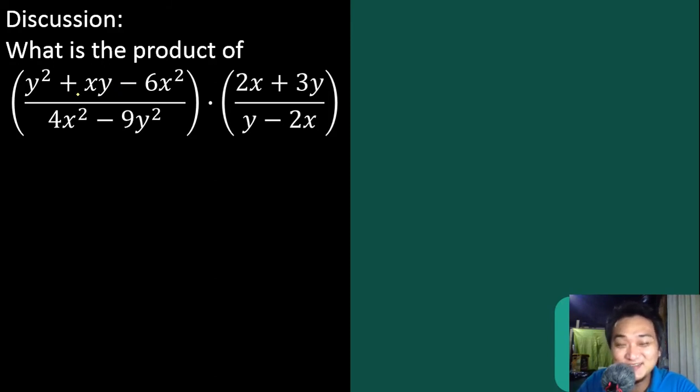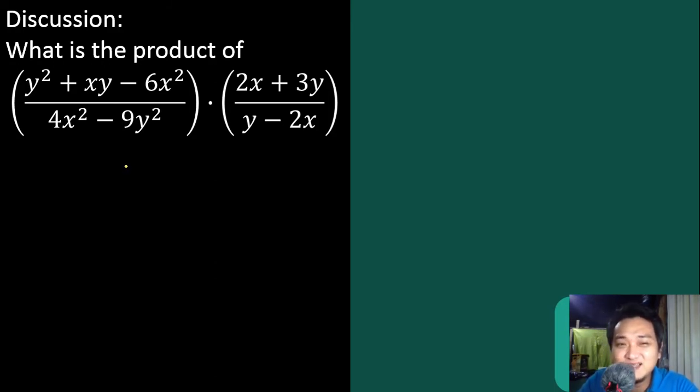So, this is in the form of a general trinomial, in the form of ax squared plus bx plus c. And usually, we employ the AC method in factoring. Dito na kasi nagagamit yung factoring techniques natin. Not only in simplifying rational algebraic expression, nagagamit rin natin to whenever we're dealing with operations of rational algebraic expressions.